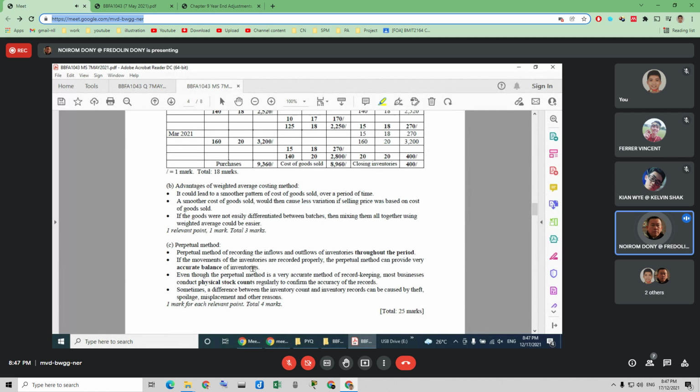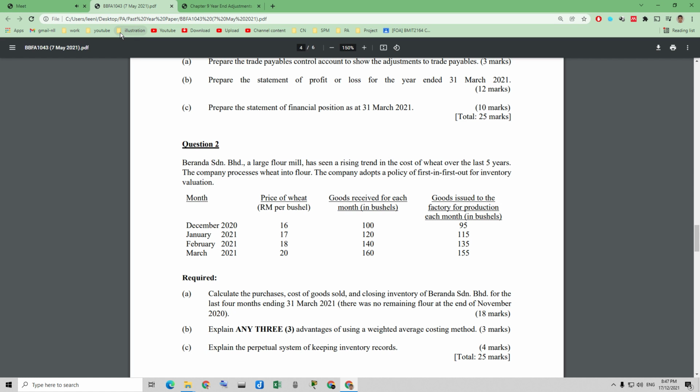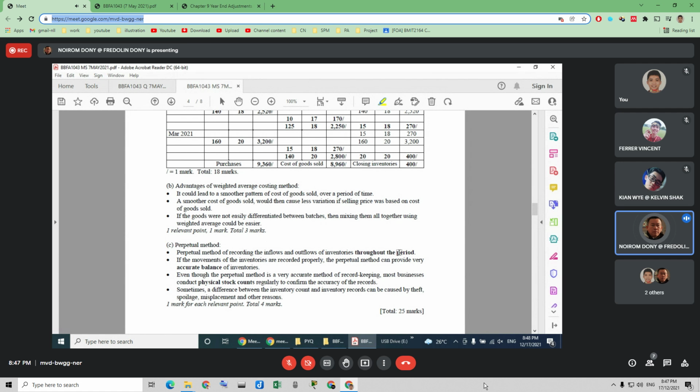If the movement of the inventory is recorded properly, the perpetual method can provide accurate balance. So this is explaining the perpetual method. The first thing you have to explain is the meaning of perpetual: we do continuous updating, continuous balance throughout the period. So we record inflow and outflow of inventory throughout the period.